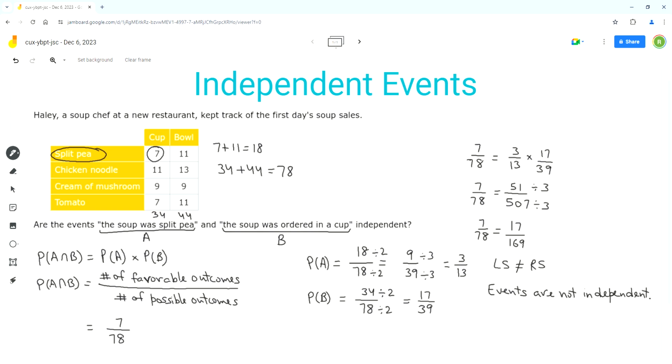So this should be the final answer for this problem. These are the steps you have to keep in mind to solve a problem like this one.